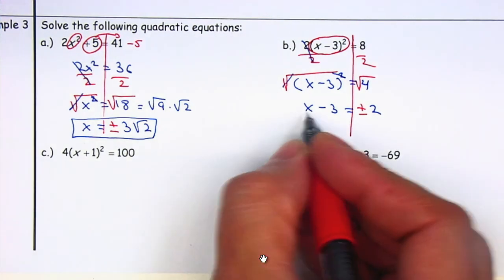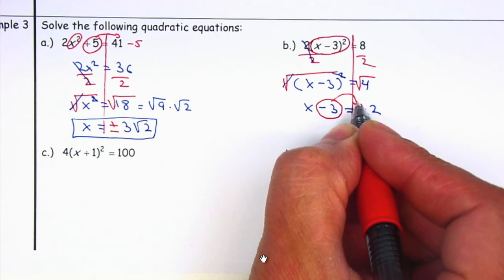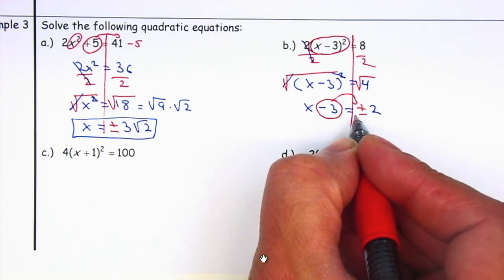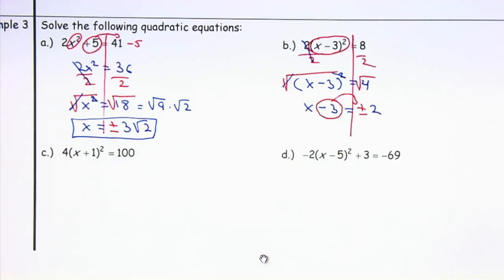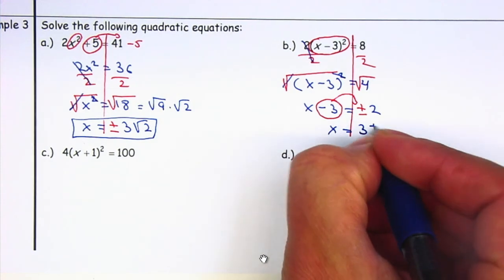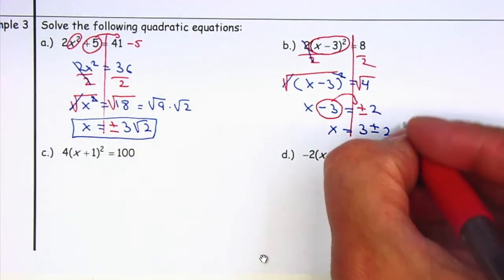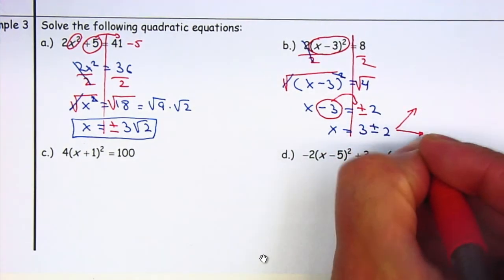I need to leave the x by itself, so I'm going to move the 3 to the right. And when I move it, I want to be able to move it to the very beginning, so before the plus or minus. x is equal to positive 3 plus or minus 2. Now from here, I'm going to have 2 answers. One positive and one negative.